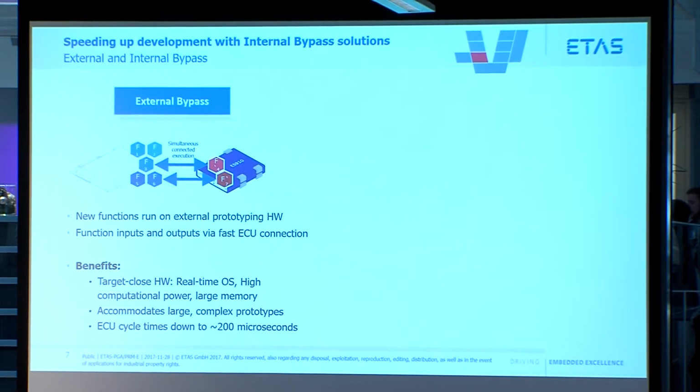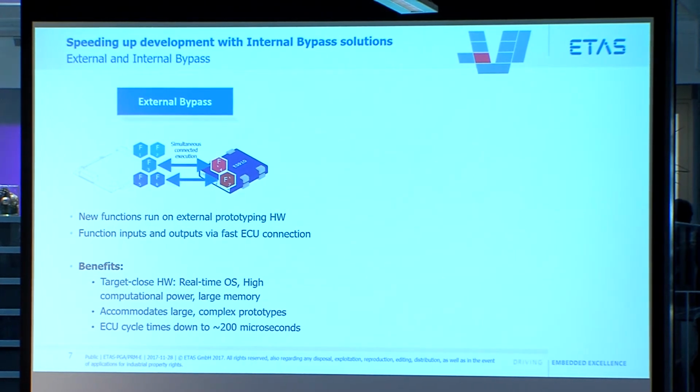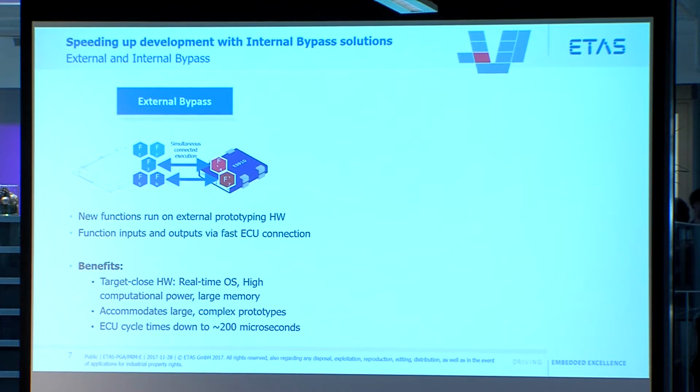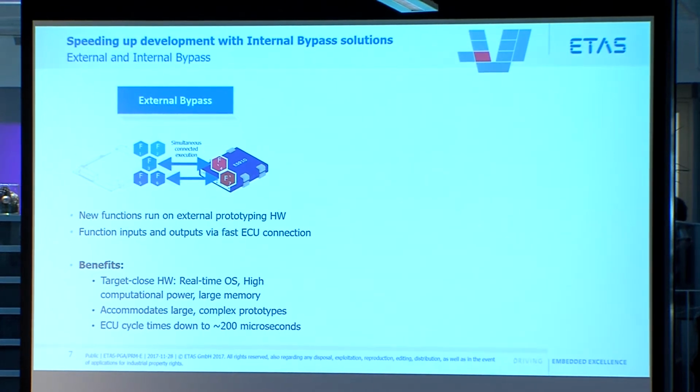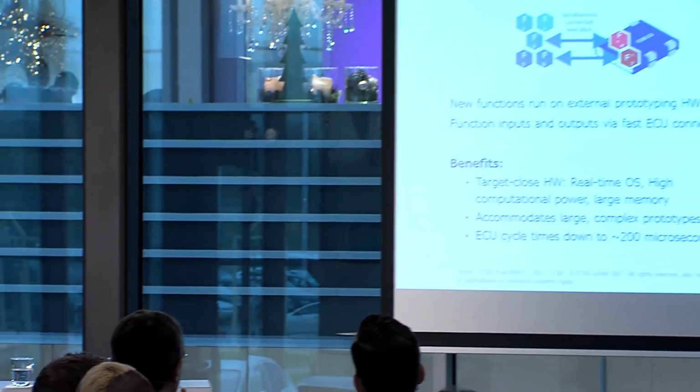It's got high computational power and large amounts of memory, which means you can incorporate large complex prototypes. And the timing performance is pretty good also. It can go down to cycle times of about 200 microseconds, which is good for most applications, at least in the powertrain business.